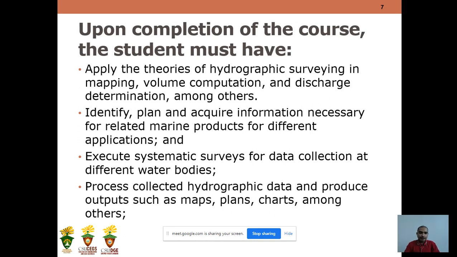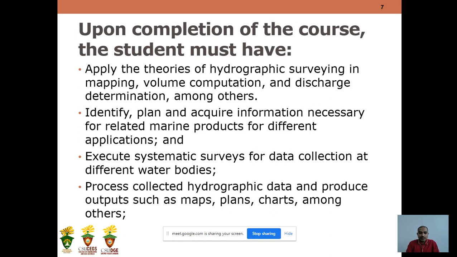The data we get from the field, we process to make useful information for different applications of hydrographic survey.